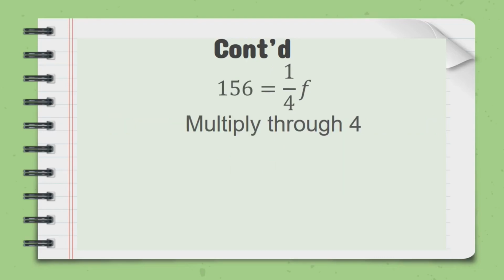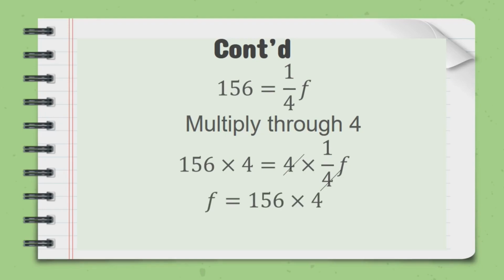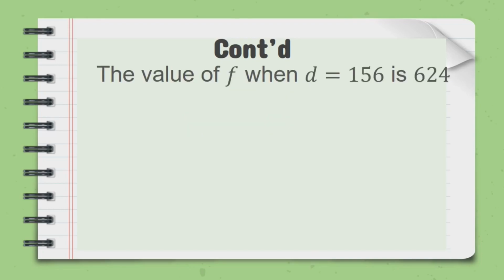Solving for f, we multiply through by 4, and this becomes 156 multiplied by 4 equals 4 multiplied by 1 out of 4 multiplied by f. And so 4 and 4 will cancel out, and that gives us a new equation. f equals 156 multiplied by 4, and that will produce f equals 624. Therefore, the value of f when d equals 156 is 624.